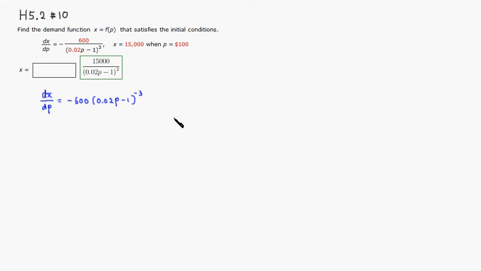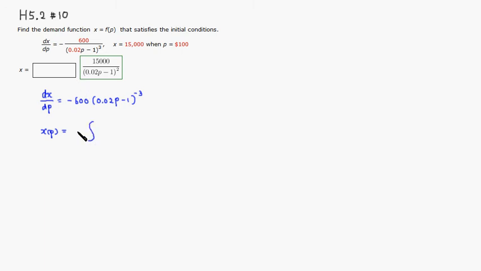Right? All right, so in order to find the original function x, we take the antiderivative, so x of p can be found by taking the antiderivative.